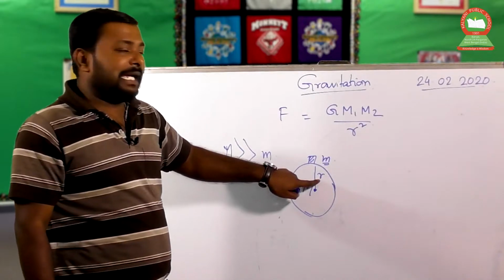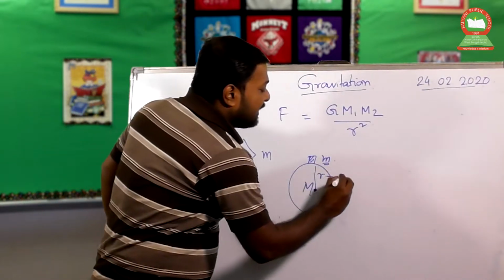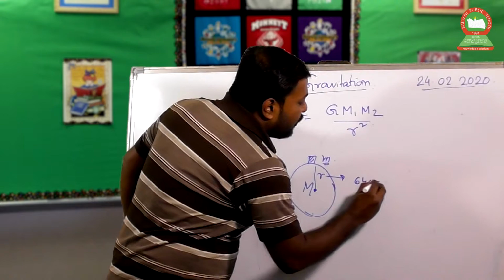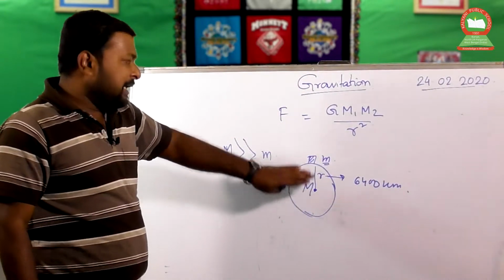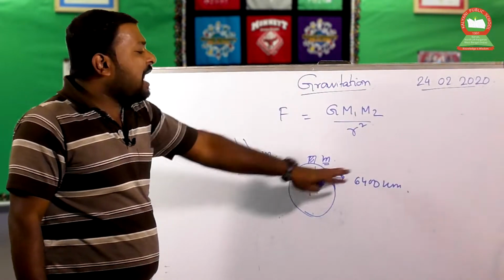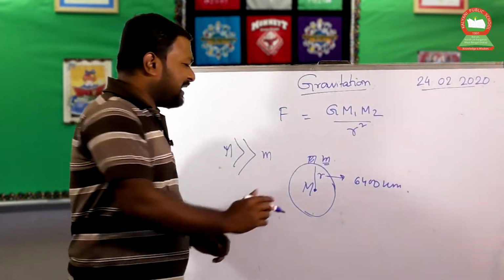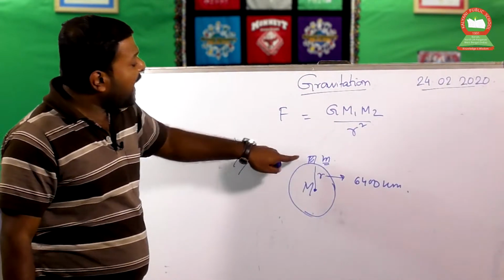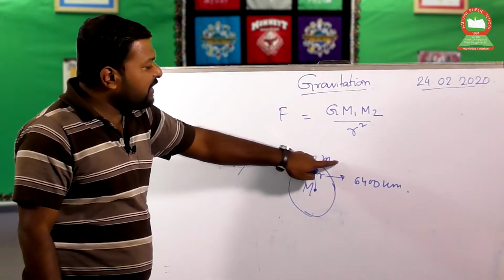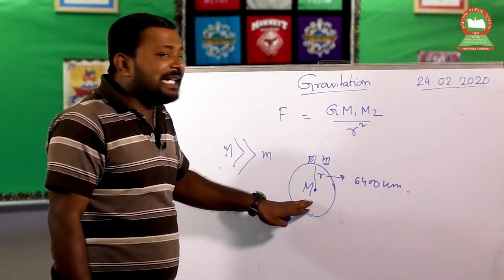That r is called the radius of the Earth, and its value is 6400 km. If this is another planet, then r would vary, but for a simple case it is r, having value 6400 km. Now this body having mass m is attracted by the Earth.